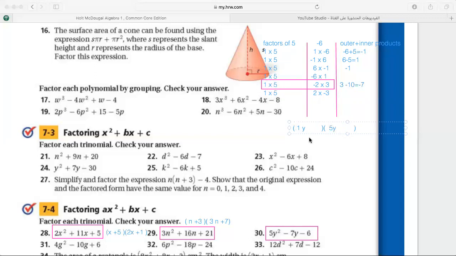Yes, coefficients of 5 are in the first group here. Next here, what I'm going to write? Negative 2. Excellent. And here I'm going to write? Positive 3. Excellent. Since it is 1, I will erase it. So here I got the final factors: y minus 2 and 5y plus 3.